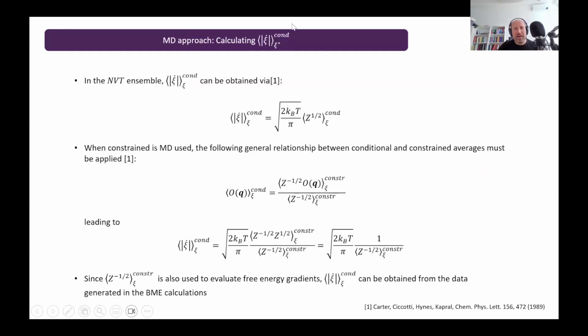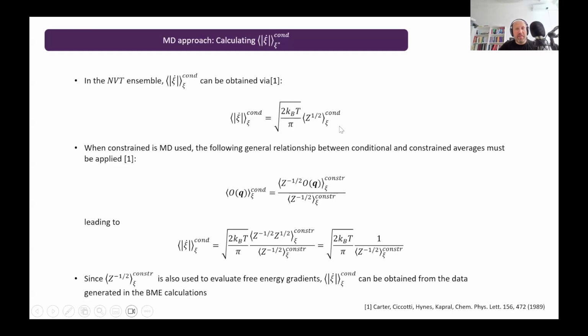And the last ingredient that we need to eventually obtain the activation free energy is this conditional average of the absolute value of velocity. It can be shown that for the canonical ensemble, this conditional average can be obtained using this formula, where the conditional average of the square root of the inverse of the mass metric tensor is involved. And this is exactly the same ingredient that we used in our constrained molecular dynamics calculations to express free energy gradients, right?